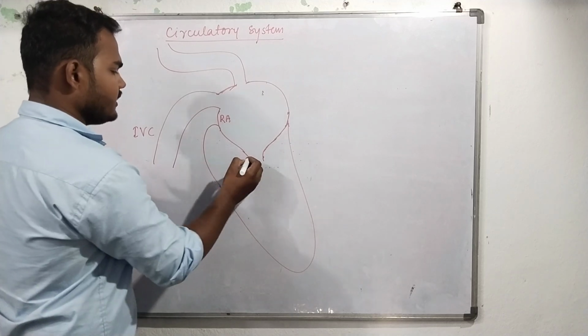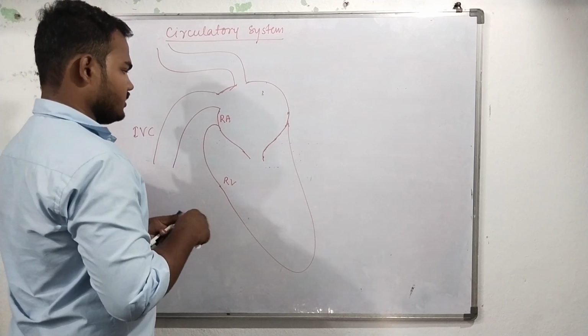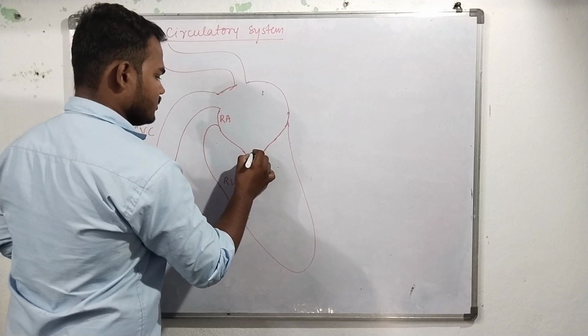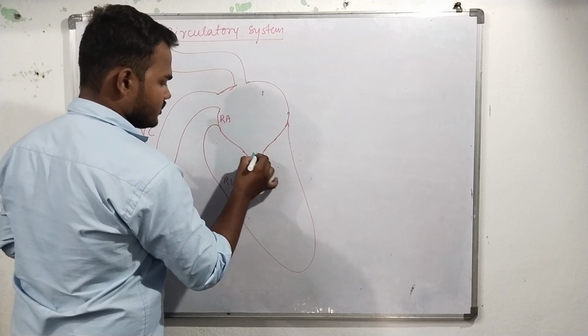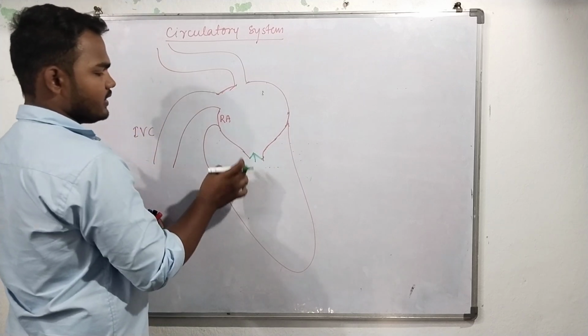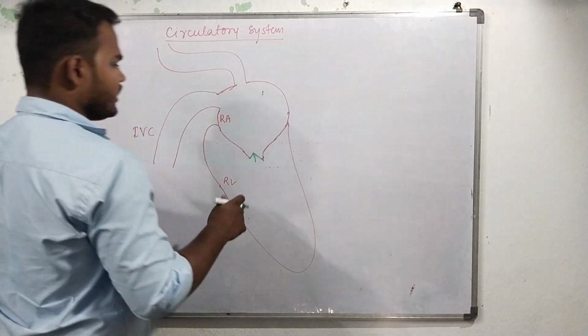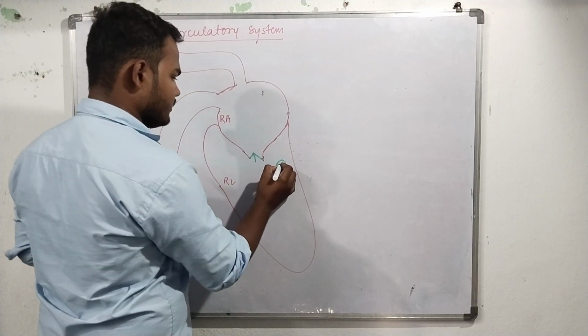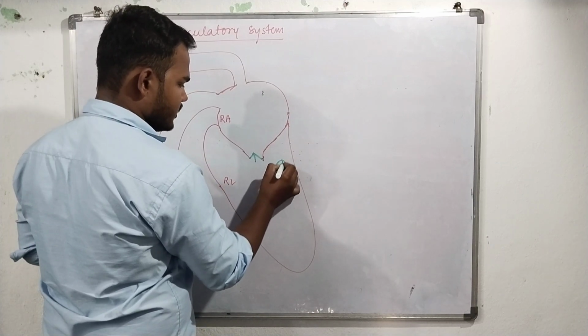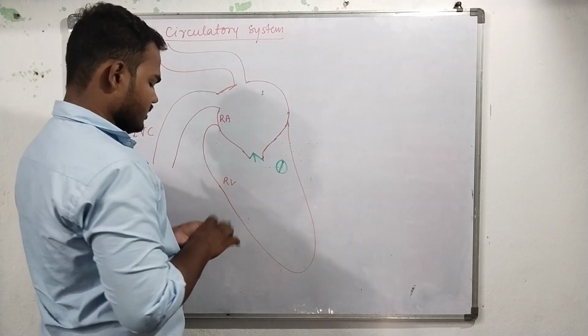Here there is a valve called tricuspid valve, that is present between the right atrium and right ventricle. And from the right ventricle there is another valve, that is pulmonary valve.